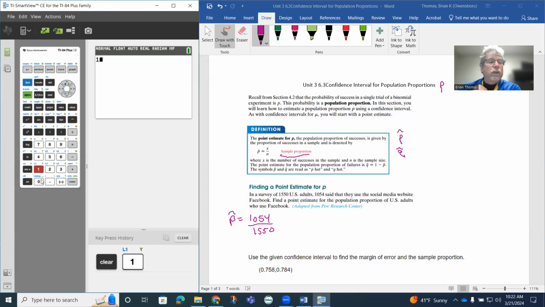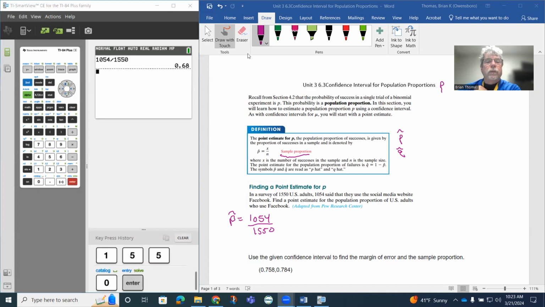So if we divide 1,054 by 1,550, that's going to give us 0.68. A lot of times we'll read this 0.68 as a percent. So 68% would be saying they do use Facebook as a social media website. And that sounds fairly reasonable. And again, a lot of this is based on what age you are in the population as well.